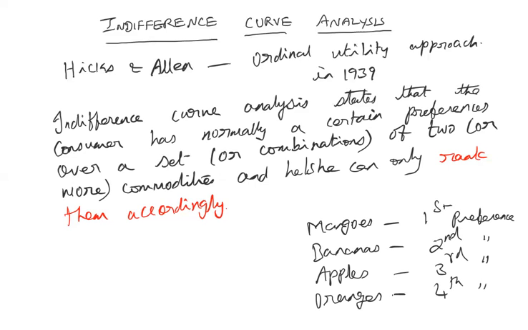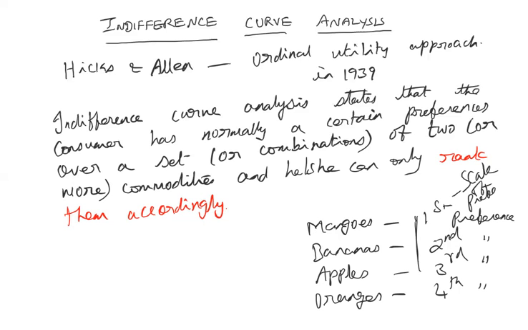Like that, the consumer can rank his choices of goods as first, second, third, and so on. These are the ordinal numbers. And if the consumer is able to arrange his preferences according to priorities, like first, second, third, and fourth, this is what is known as the scale of preferences.